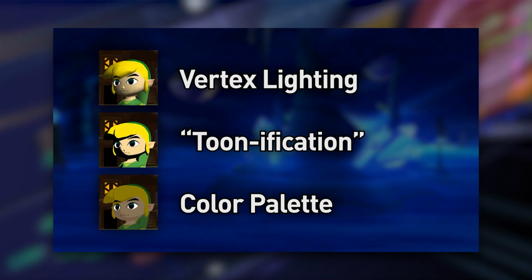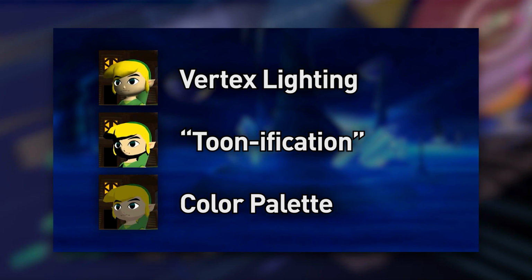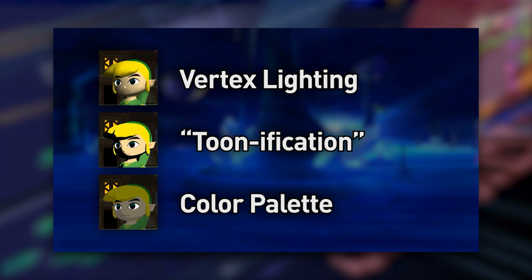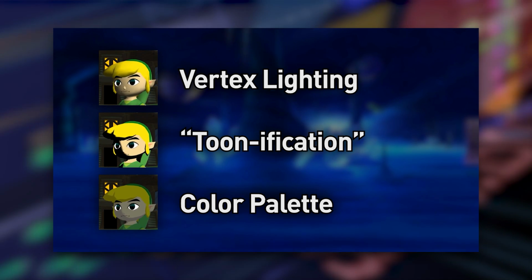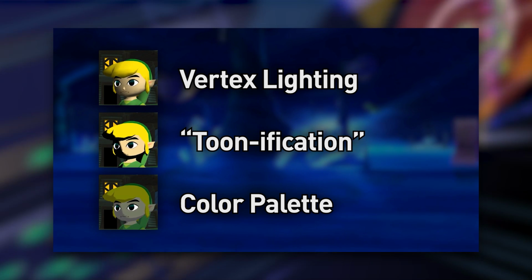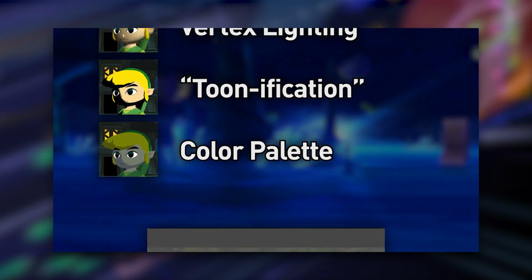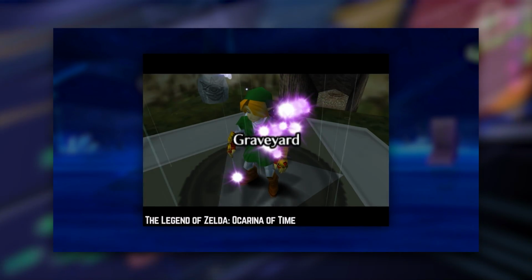And then the third step is that this custom color palette is filtered onto that toon shading, depending on where Link is, the time of day, and the weather. And this whole process creates this iconic toon shading look.